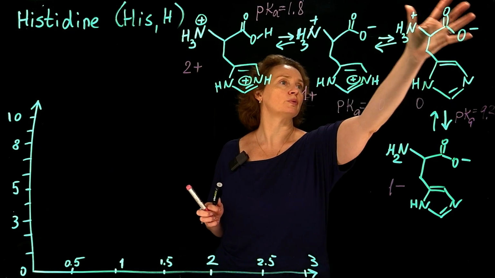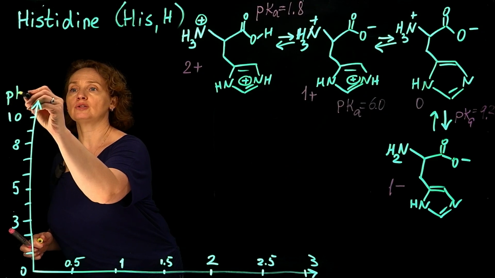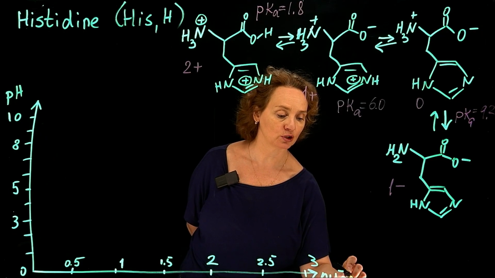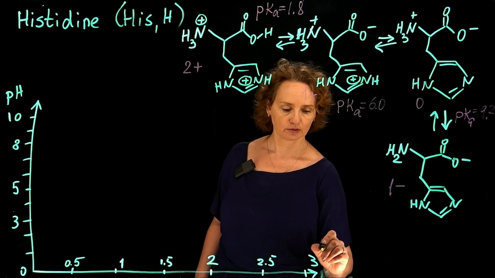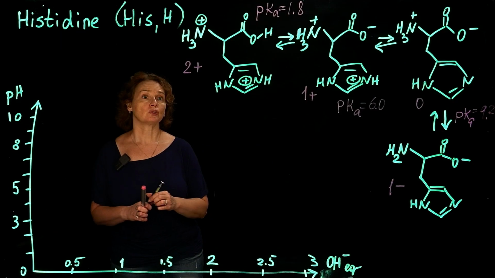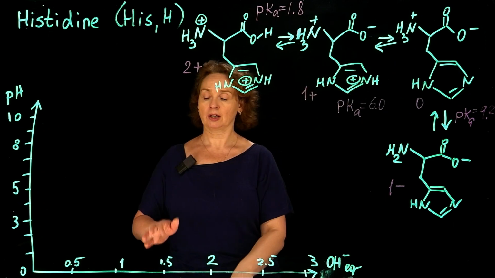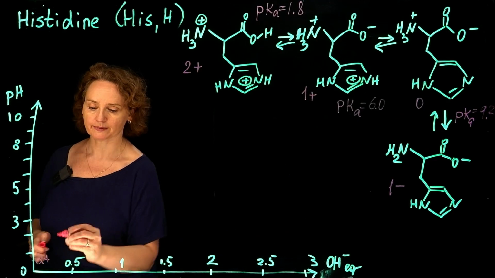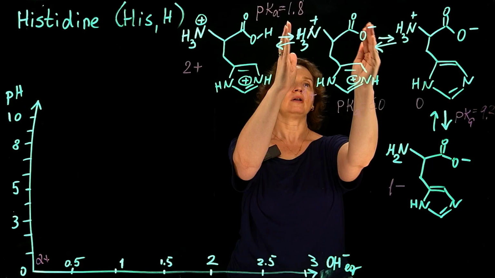So now let's sketch a titration curve for histidine and determine its isoelectric point, the point at which the neutral form, which is right here, is maximized. So we are going to have the dependence of pH on the equivalents of strong base added. Remember, we start with the fully protonated form with a charge of 2+, and it dissociates into its conjugate base.